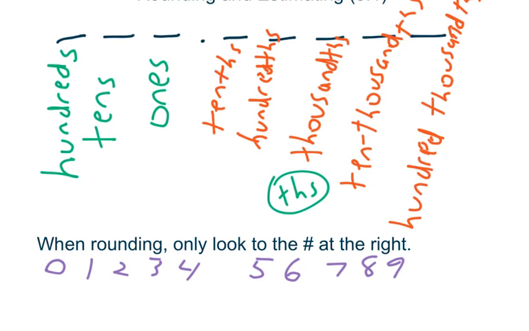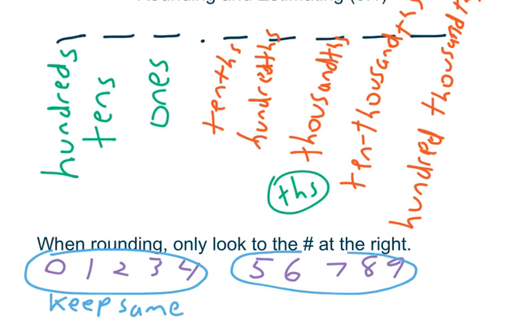So that lower half, the 0 through 4, these keep it the same. They round down, which actually keeps that place value the same. And these 5 numbers, 5, 6, 7, 8, and 9, they are going to round up because they're more than half. Or they're the upper half.